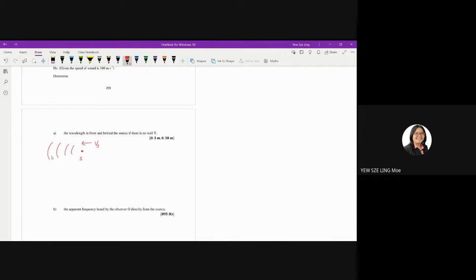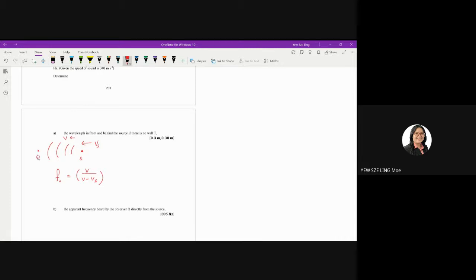You just have to imagine there's an imaginary observer on the right-hand side. Your V, the sound, is also going to the right, and Vs is also going to the right. Therefore, your Fo on the left-hand side is V over V minus Vs, because the observer is not moving. We assume there's an imaginary observer that is not moving.